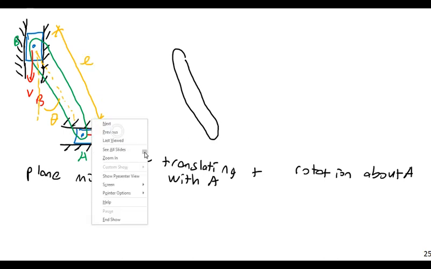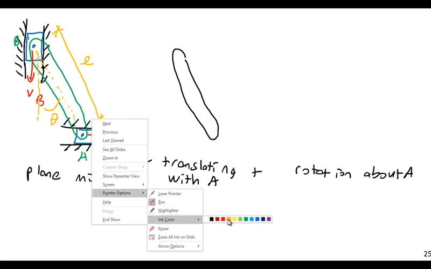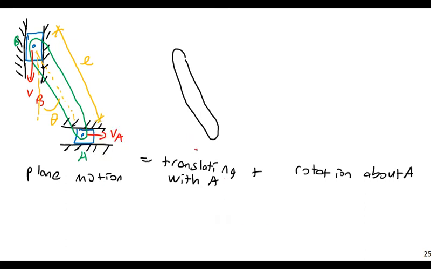All right, so when I say translation with respect to A, what I mean, of course, is that we have something like this. Imagine both A and B are moving with VA, and B is also moving at VA.